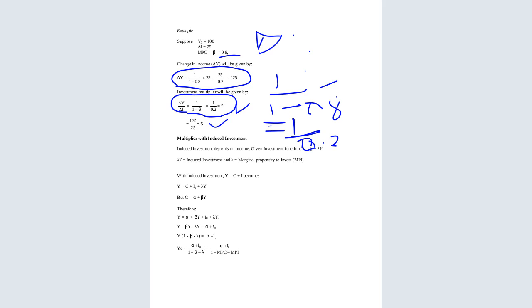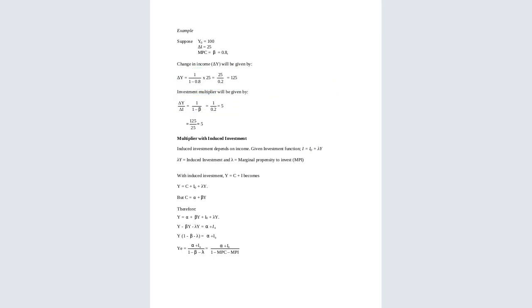So if we have an investment function defined by this, which is I is equal to I naught plus Y. So Y is the induced investment. And we also have the marginal propensity to invest.